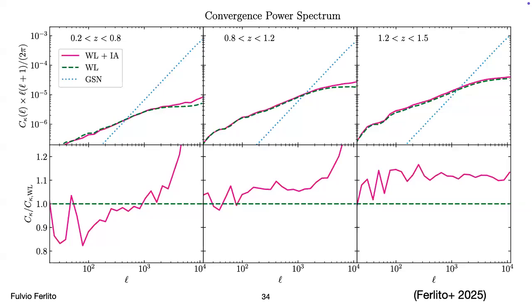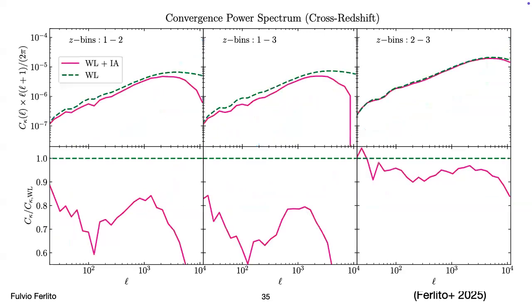This can be explained. It's a bit more complex, but we managed to understand why we have, for example, a suppression here, and only an enhancement in the highest redshift bin. What we also did is to take single bins and compute the cross-bin correlation, and we see that the effects are even stronger.